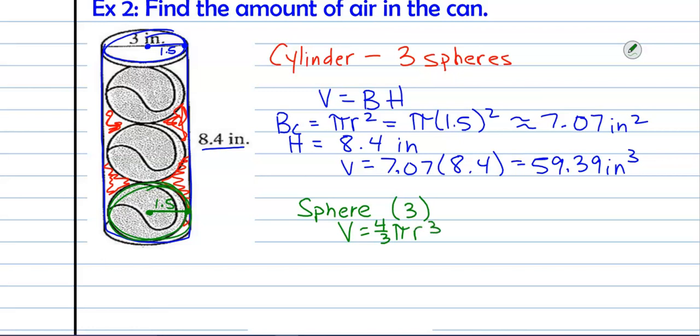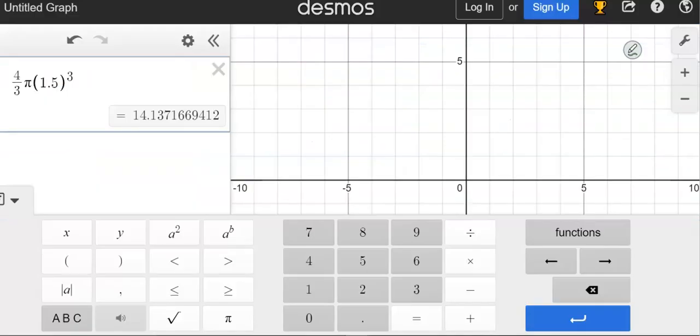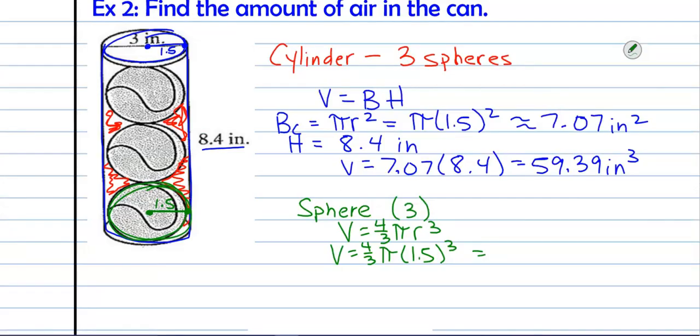Our radius is 1.5, so I'm going to go ahead and do 4/3 pi 1.5 cubed. I typed that into Desmos, and we get about 14.14. That's for one tennis ball.